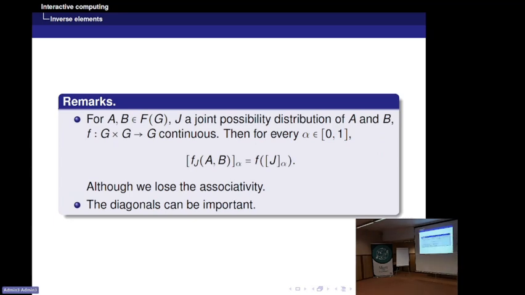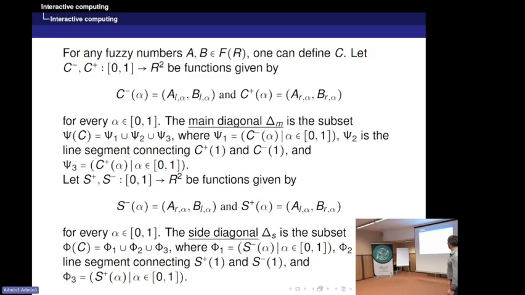Of course, some more results can be defined, for instance, of this form. But what is most important is the diagonals. It seems that the diagonals can be important in this computing, because here we obtain something that is defined on the side diagonal.